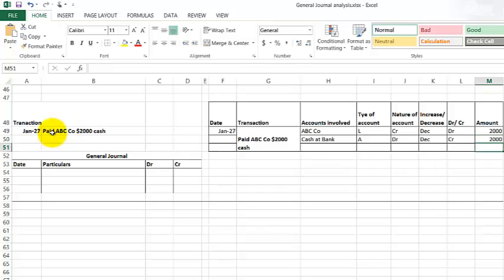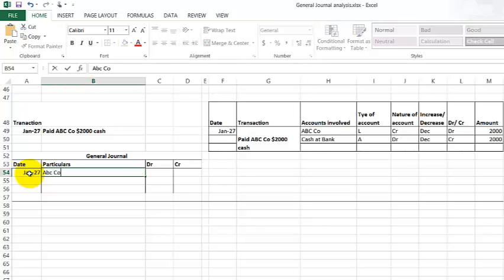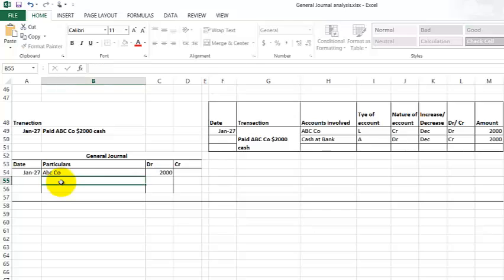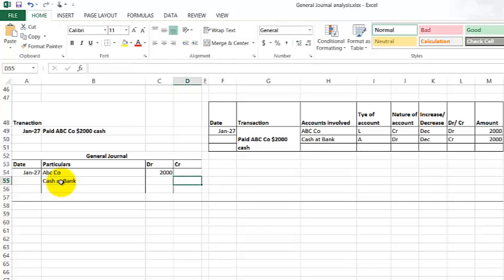So having done our analysis, let's just put it into here. All right. On January the 27th, ABC Co was a $2,000 debit. We reduce that debt there. Cash at bank. We paid some money out. Goes on the credit side.